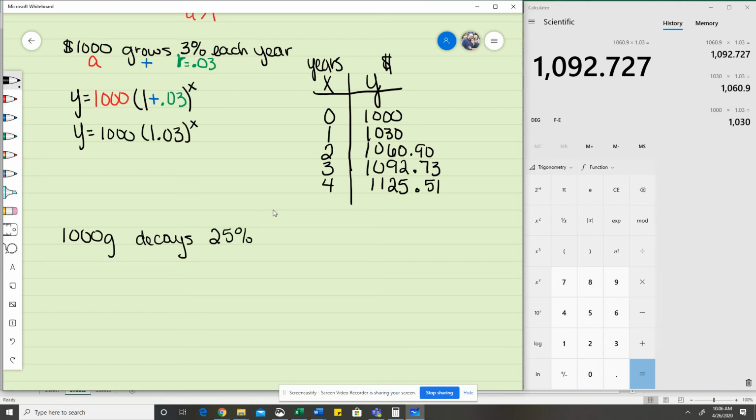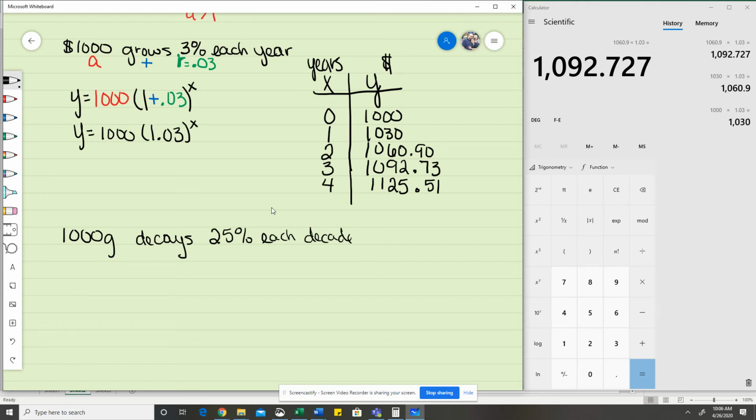Now, offhand, I don't know exactly what that rate is, so we're just going to say 25% each decade. And certain molecules will decay at different rates. So whatever molecule it is that this fictional person is checking out, it decays at a rate of 25% each decade.